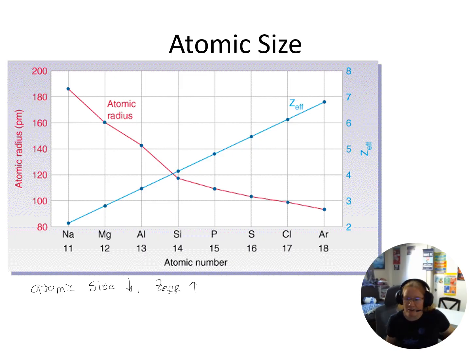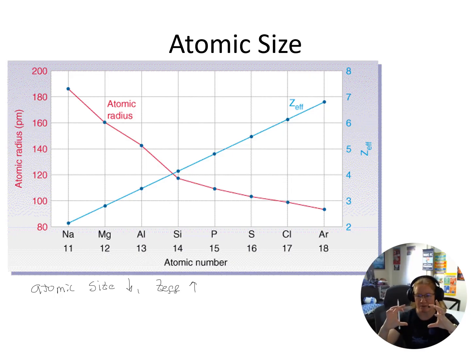So what happens? Well, if I have a larger Z effective, because if I'm in the same energy level, I'm crowding more electrons into the same sublevel. But every time I go from one element to the next, I not only have increased the number of electrons, but I've increased the number of protons. And so if I'm crowding more and more into the same shell, but I'm also increasing that positive charge, we're going to get a constriction there because we feel more charge.